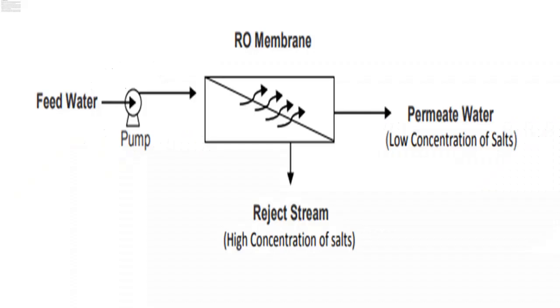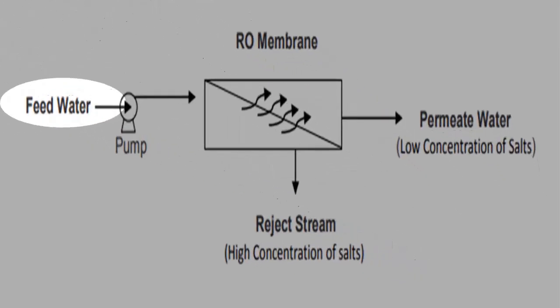It is forcibly made to pass through the semi-permeable membrane and get into the zone after the membrane. While passing through, the membrane retains the molecules other than water, such as ions, salts or any other minerals. The retention is about 95 to 99%. That is one great advantage of reverse osmosis.